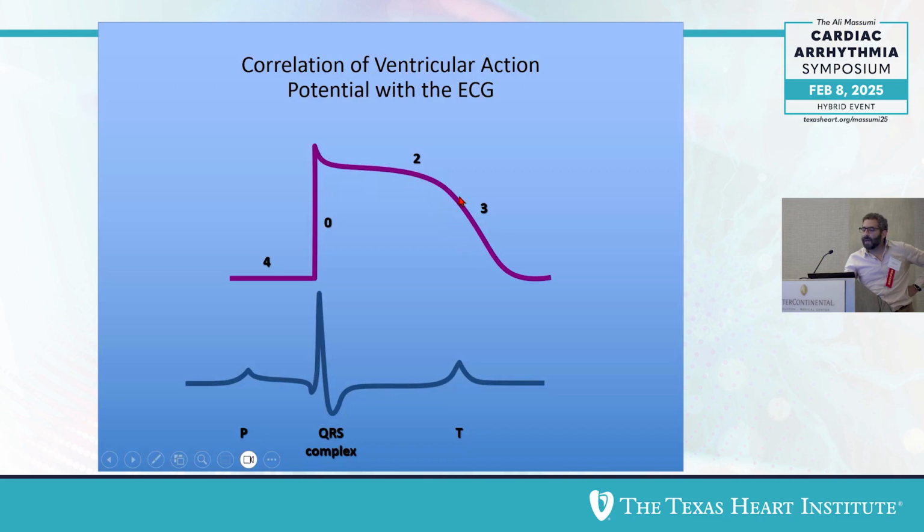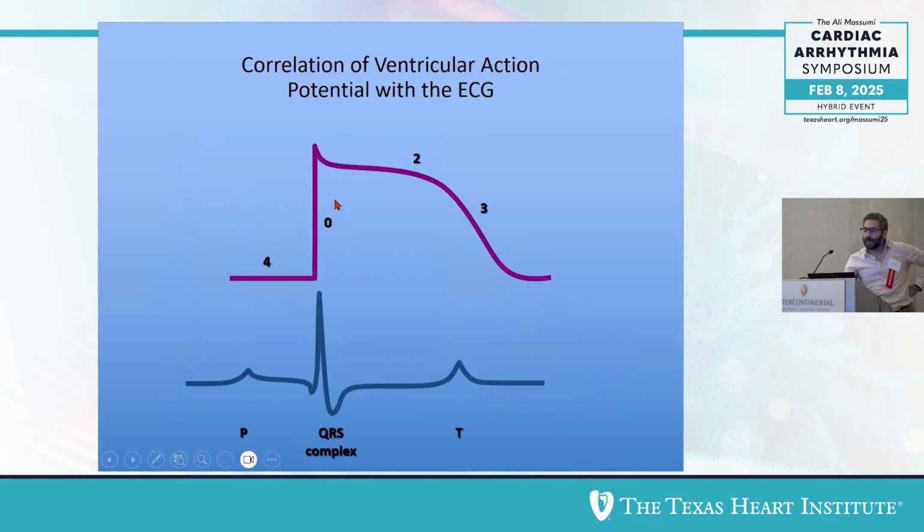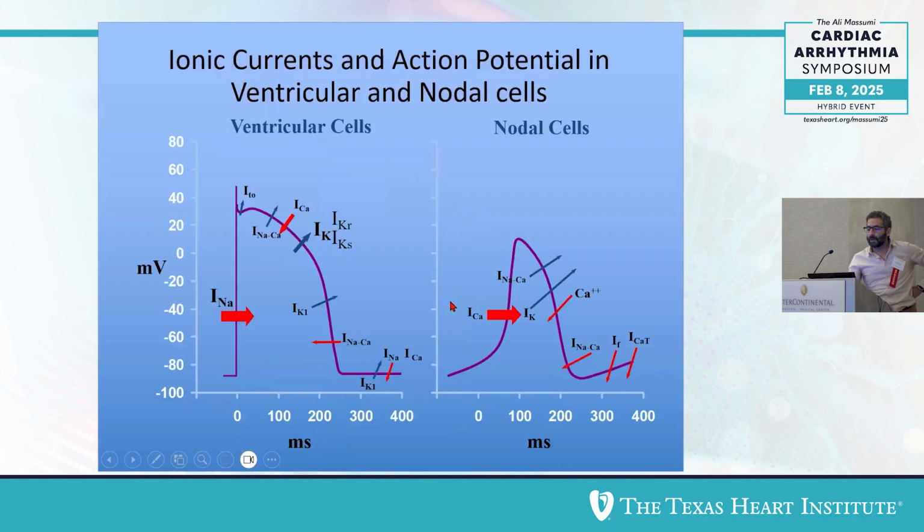And if you block this process, then you're going to prolong repolarization. And what was this process consisting of? What's going out? Potassium. So if you block potassium, it'll take longer for repolarization to occur here.